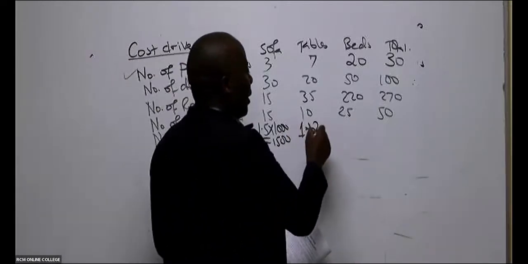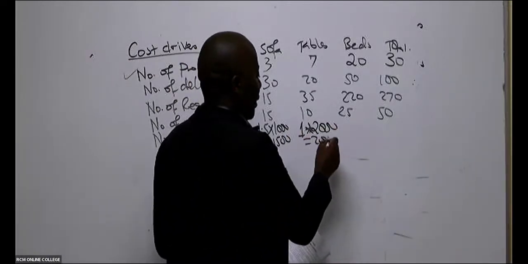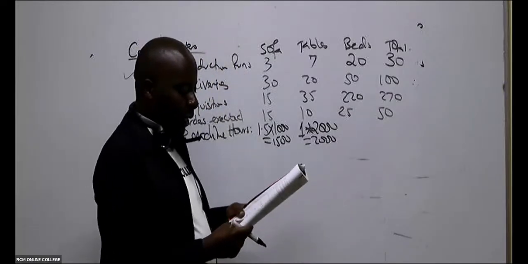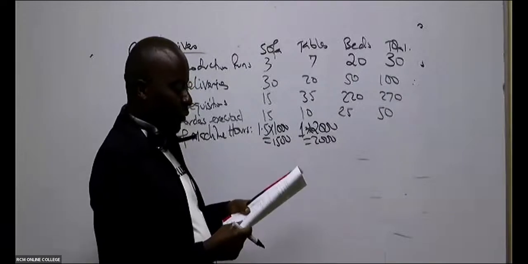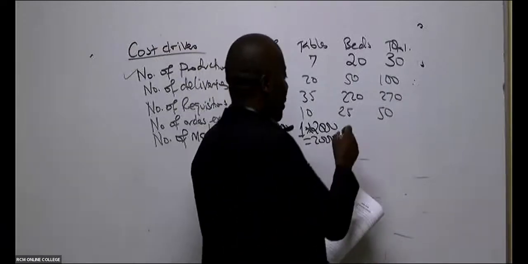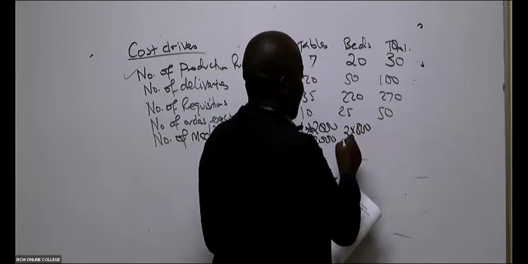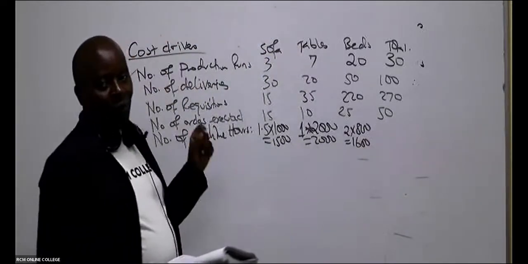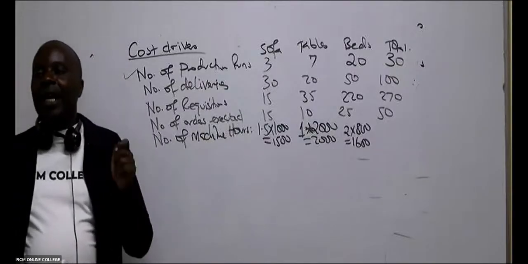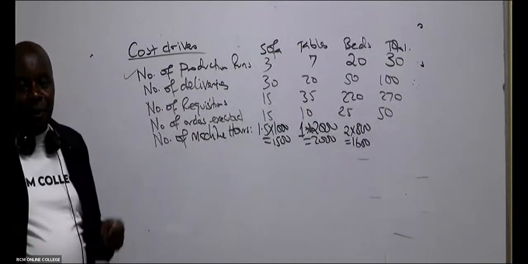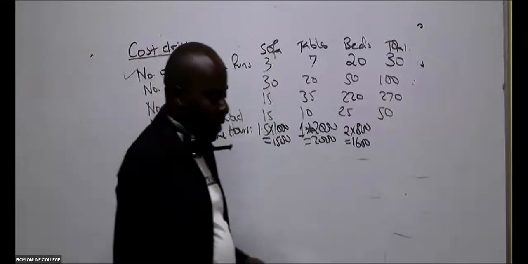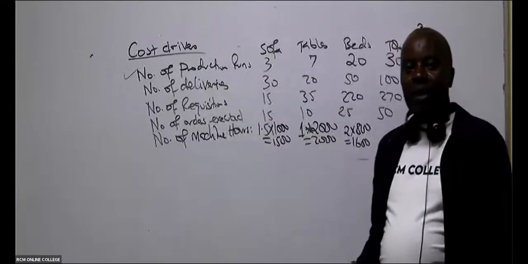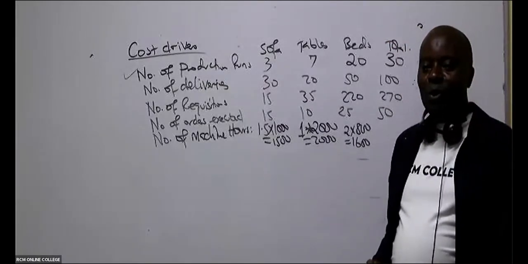So this will give us 2,000. Next, machine hours per unit for beds is 2. So 2 times what here? Which gives us? Are you able to give me the total now? If you confuse that, you get a 0.